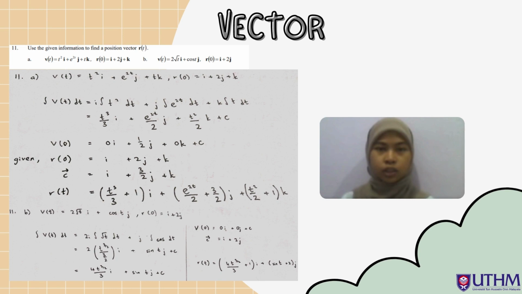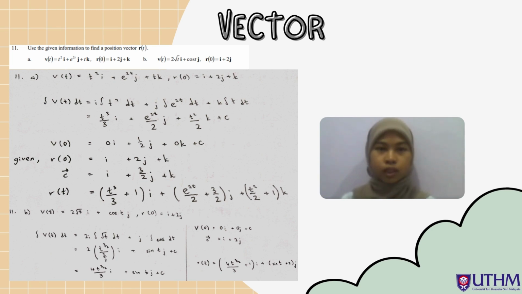And then we integrate t, we get t power of 2 over 2. Don't forget plus c. And then here we substitute 0 for t, we get 0 i plus 1 over 2 j plus 0 k plus c. And then we are given r(0) is equal to i plus j plus k.